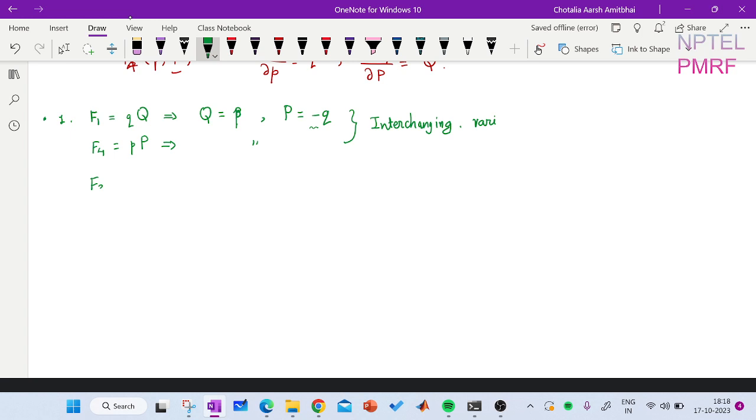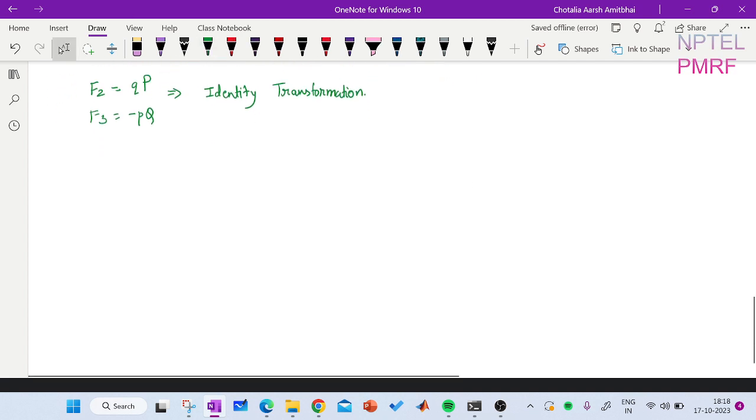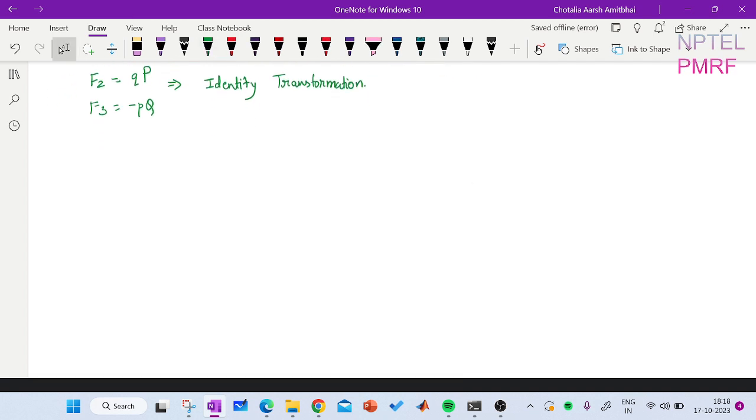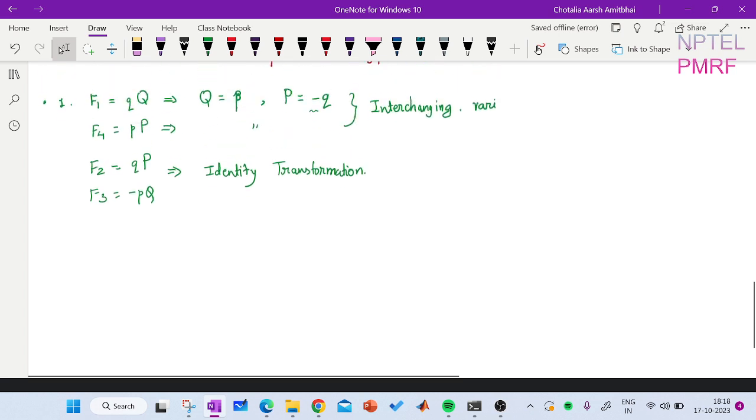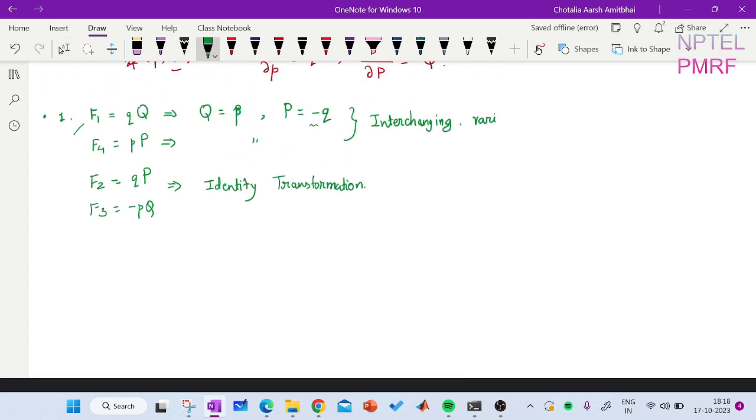Okay, and F2 given by qP and F3 given by minus pQ both generate the identity transformation, which in simple language means do nothing. Q stays Q and P stays P. Okay, so identity transformation. And as we saw, for multiple degrees of freedom, you can have mixed transformations also, in which for some of the degrees you have the first kind, for other degrees you have other kinds, etc.